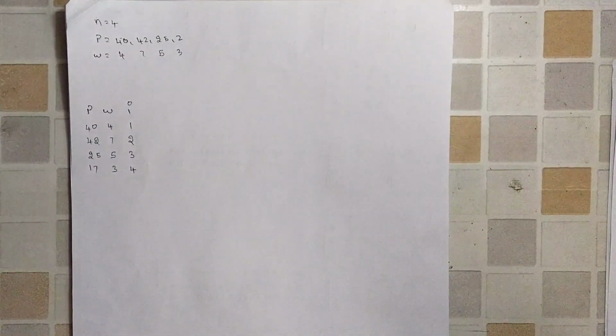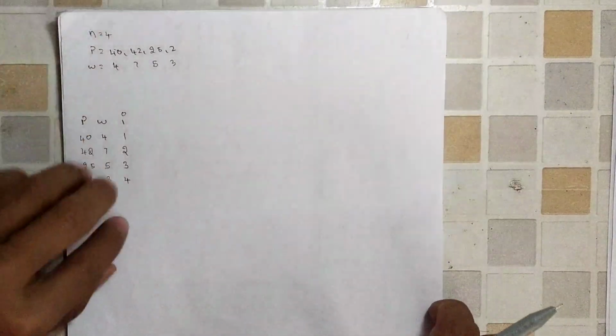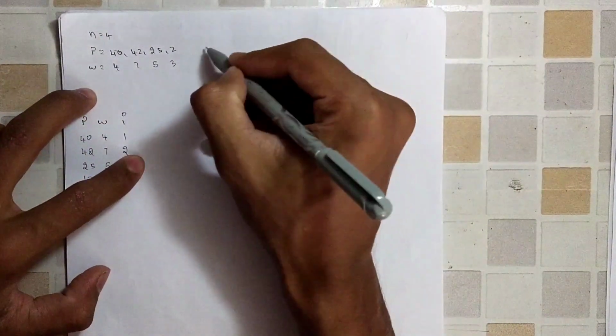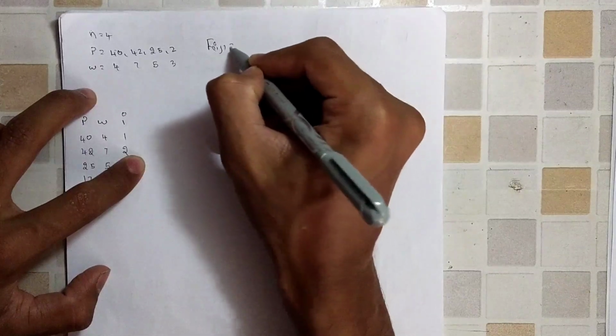The formula is also simple. Some variables may differ according to the textbook, but in this textbook we have the formula like this. You just have to remember the formula, and I will explain how it works.